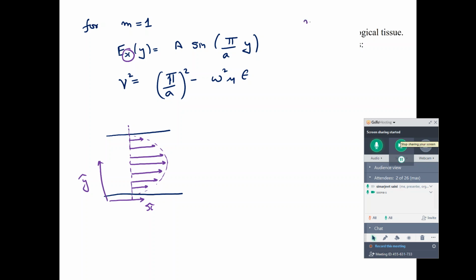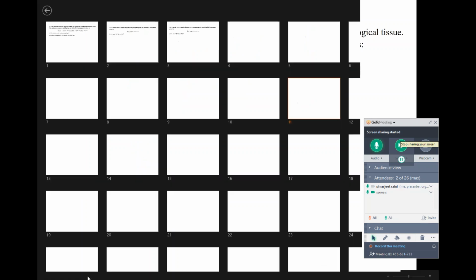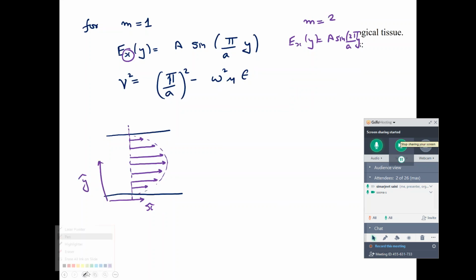If m is equal to 2, my function now becomes a sine of 2 pi by a y. Looking at that function, the electric field still has to be 0 at the bottom, and it will have to be 0 at the top too.